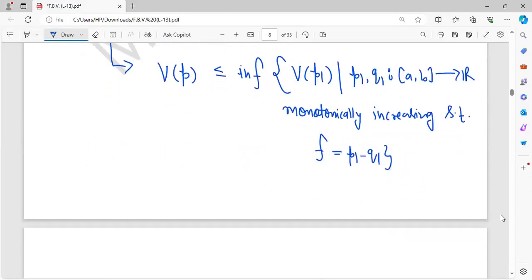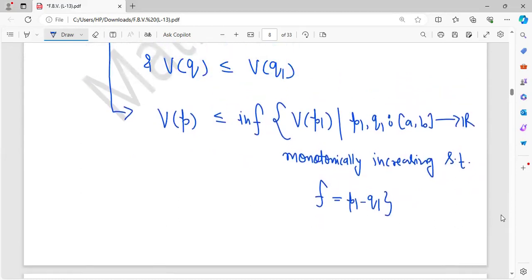And from here, what is this clear? From here, if I am taking this, what I will get?